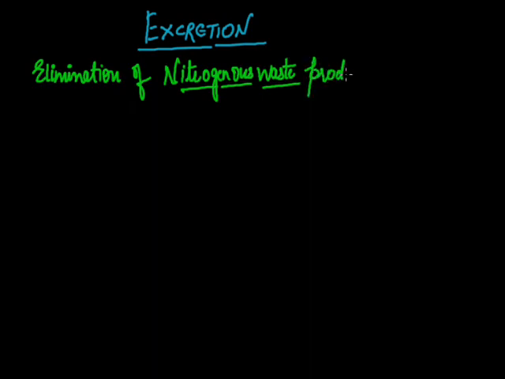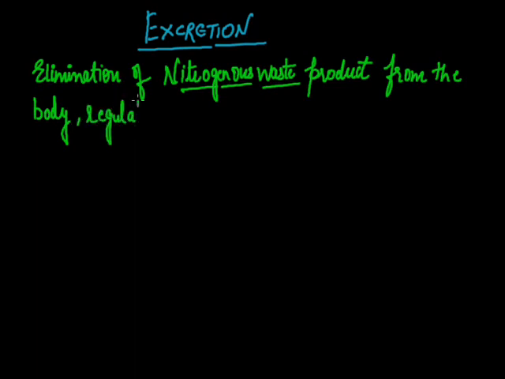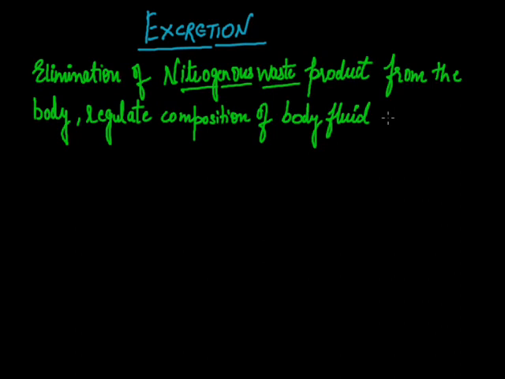Nitrogenous waste products are removed from the body to regulate the composition of body fluid and tissue. This is called excretion. This is the basic definition of excretion: the removal of nitrogenous waste.